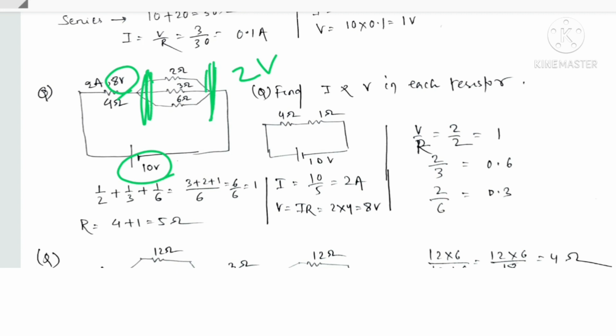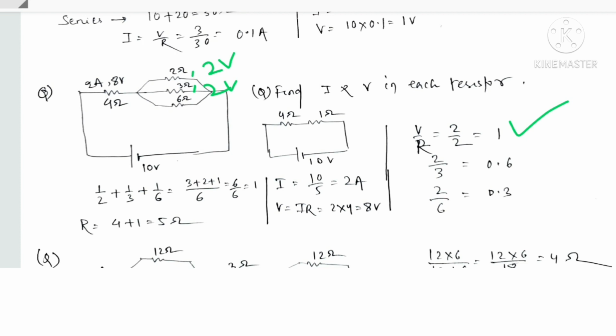Now these are in parallel combination. That means potential will be same across all the resistors, 2 ohm, 3 ohm, 6 ohm, and that is 2 volt. Okay, so across this 2 ohm, we know the potential is 2 volt, resistance is 2 ohm, so current will be V by R, 2 by 2, 1. Now similarly across this 3 ohm also potential is same, 2 volt, so current 2 by 3, and across this 6 ohm also potential is same, 2 volt, that is 2 by 6.